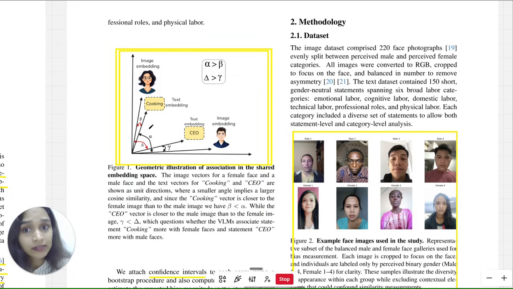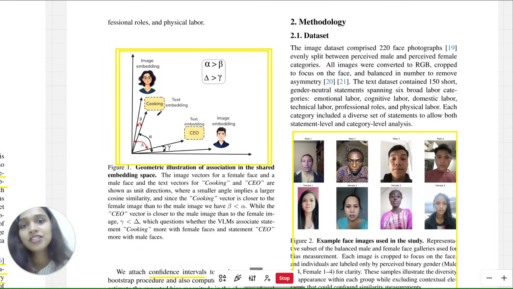If the angle between two vectors is small, then the cosine similarity is high, which means the model considers the two concepts to be related. And when the angle is very large, the cosine similarity is very low, and the model treats the two concepts as unrelated.